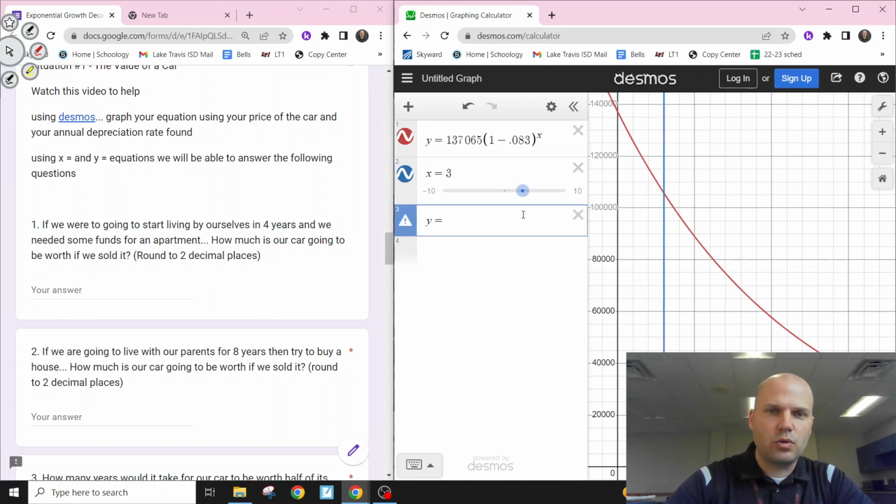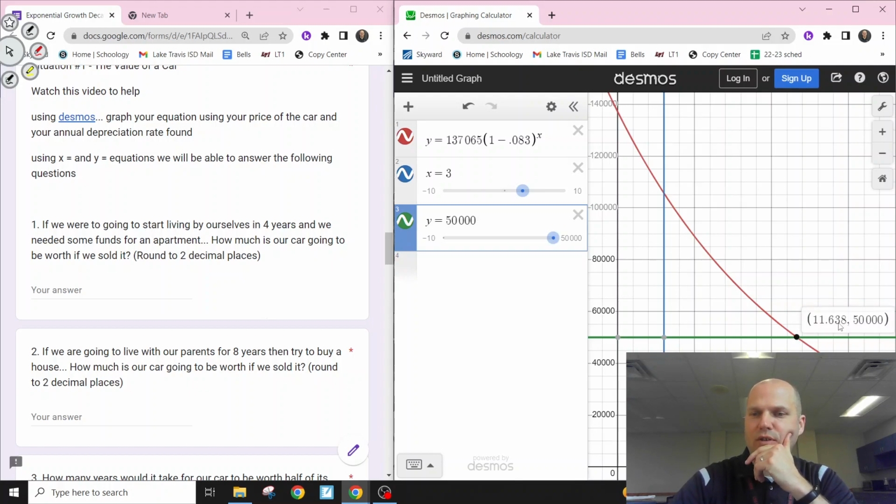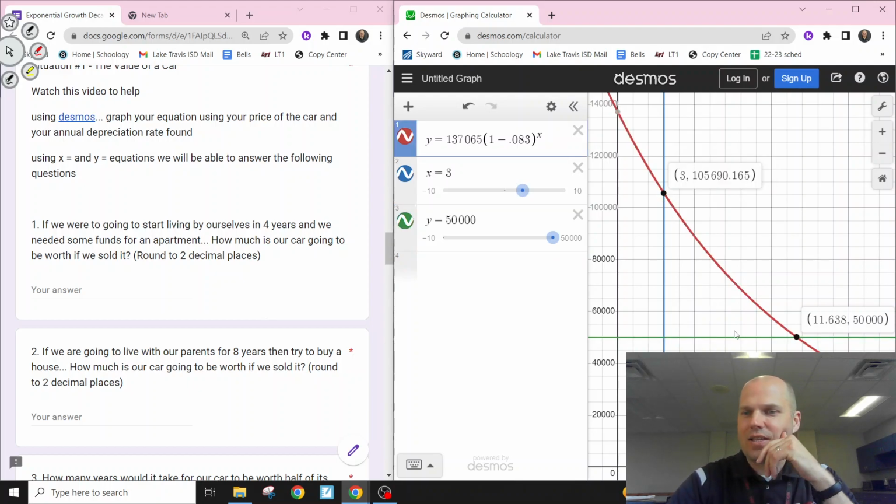Sometimes we want to figure out intersections where we have a specific y value. We graph x equals and y equals so we can click on the intersections and get exact answers.